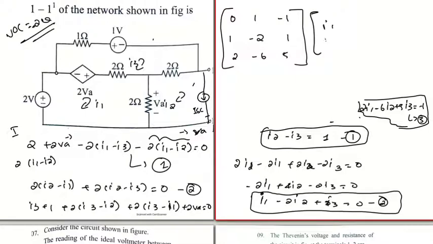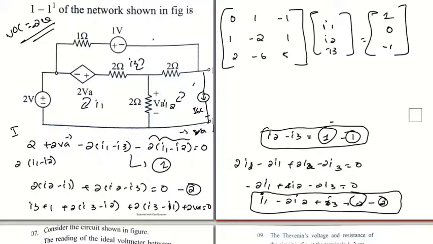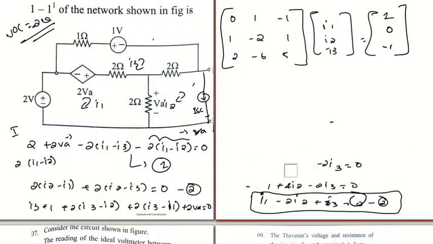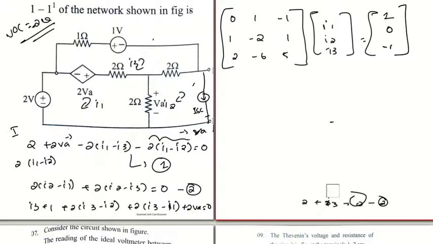So it will be I1, I2, I3 equal to, first one it is 1, second one it is 0, and the third one it is minus 1. So we have to find out the current ISC, which is equal to the current I2. So we have to find out I2.